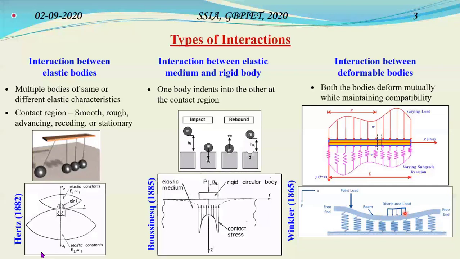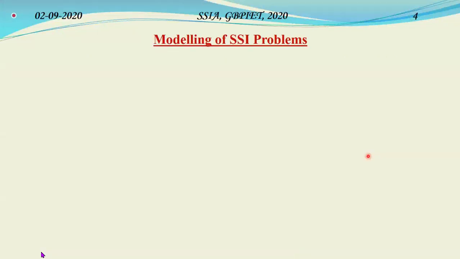All these interactions finally lead to what we call soil structure interaction problems. So when we talk about soil structure interaction problems, the most important thing we come to during modeling involves various types of approaches.